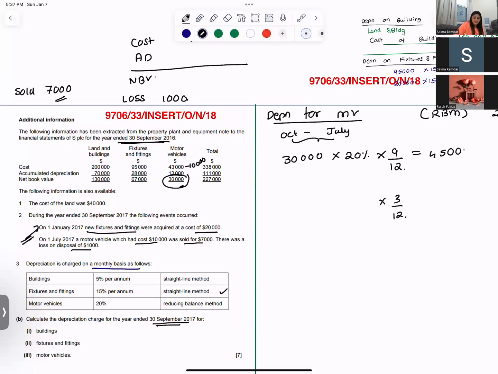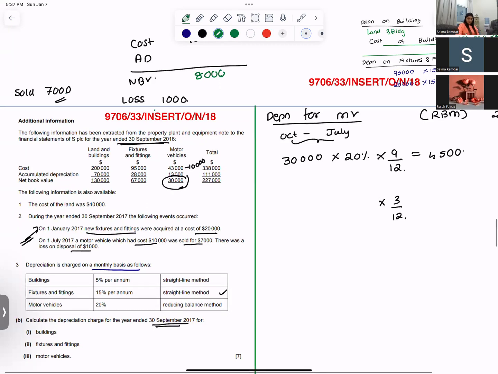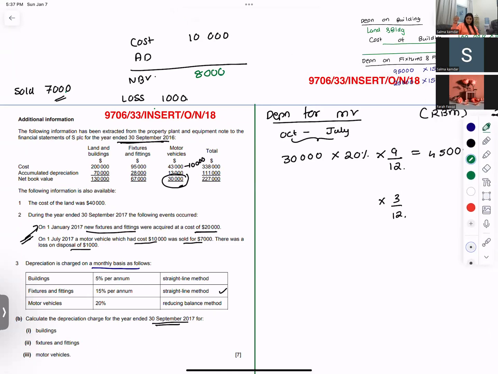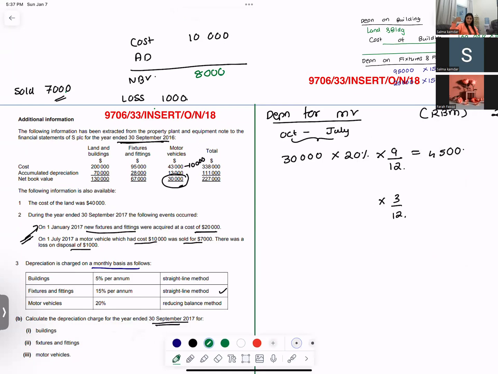Yes, the net book value was 8,000. You sold for 7,000, so you're getting a loss of 1,000. Are you sure? So what would be the accumulated depreciation on the asset that you have sold? 2,000.